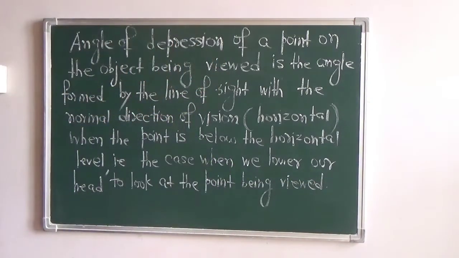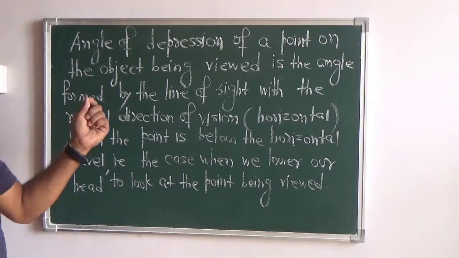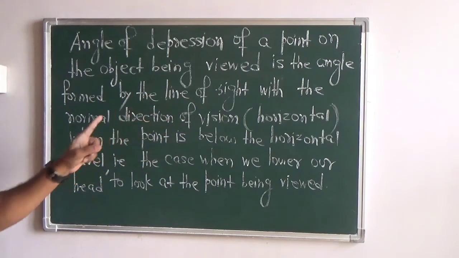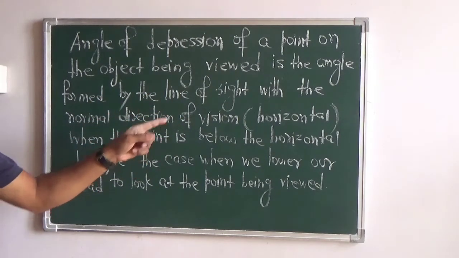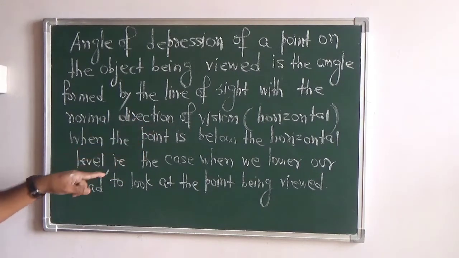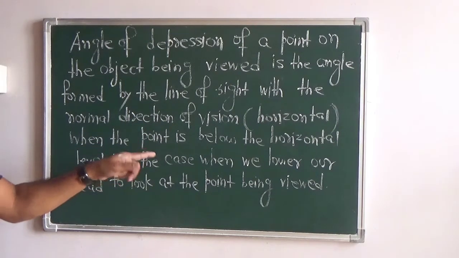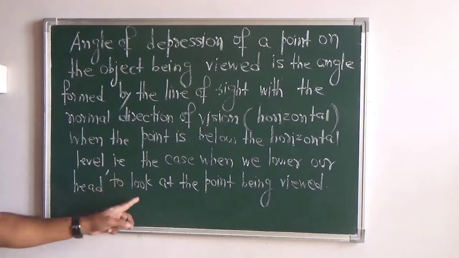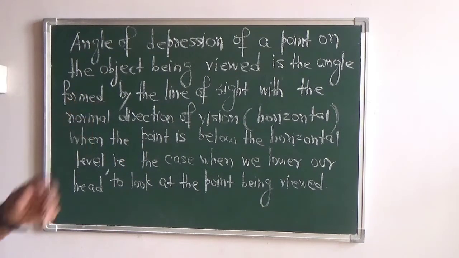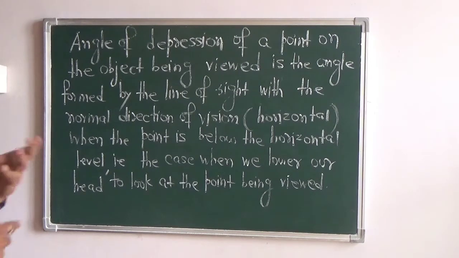So this is how we can define the angle of depression. The angle of depression of a point on the object being viewed is the angle formed by the line of sight with the normal direction of vision or the horizontal, when the point is below the horizontal level. That is the case when we lower our head to look at the point being viewed. So note it down, then we move further on this particular concept.